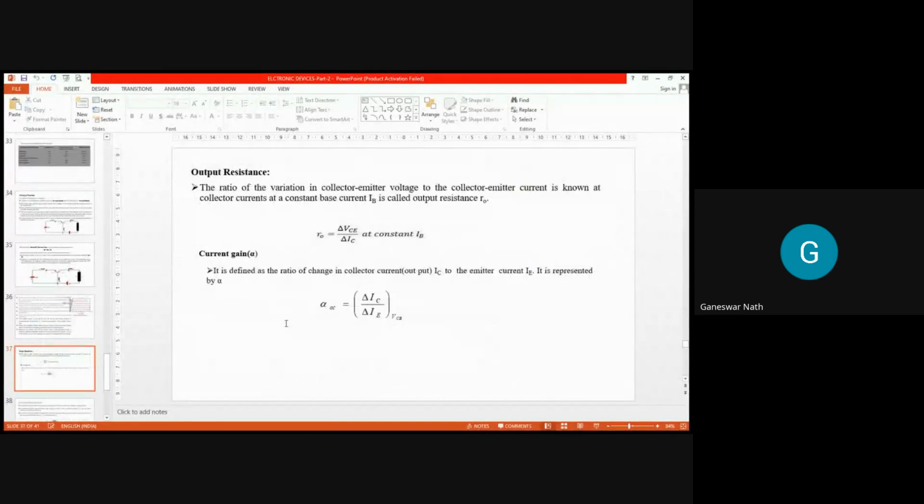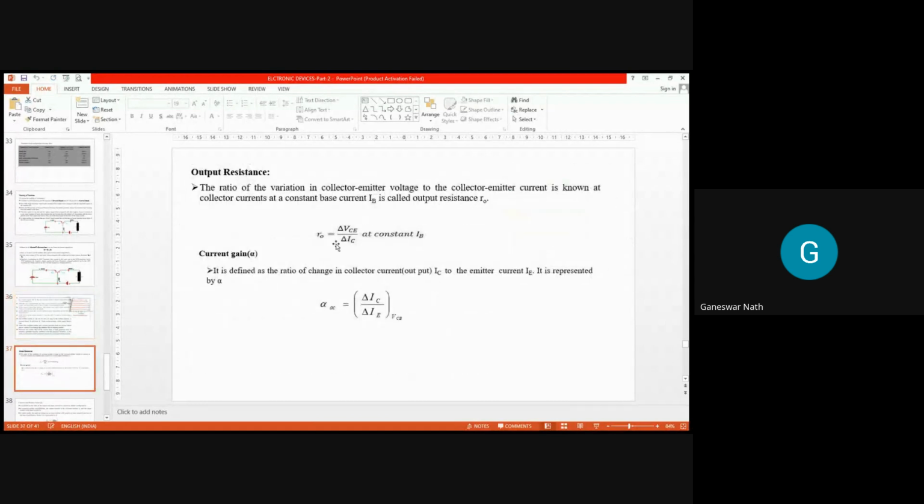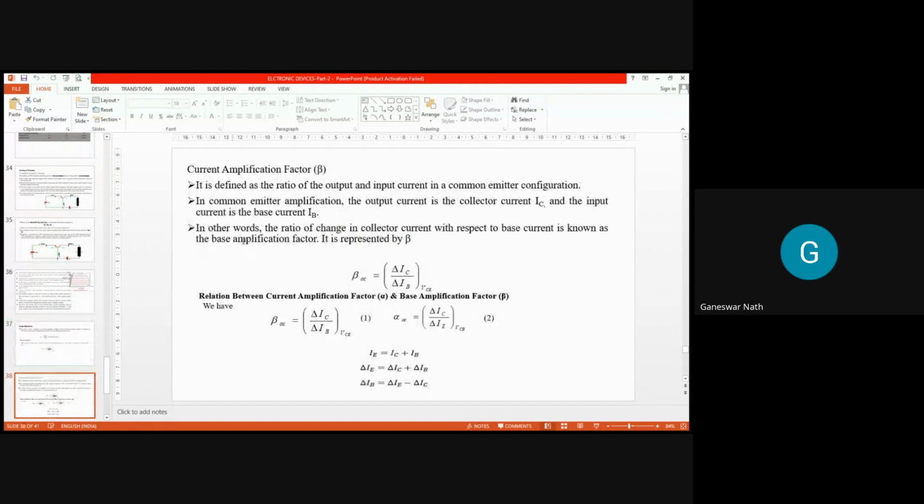Then, coming back to the output resistance, you can calculate the output resistance from this VC versus RO. Similarly, you can get the current gain from this characteristic curve. And similarly, the current amplification factor that you may have read at the undergraduate level: here you can find beta, that is change in collector current by change in base current.